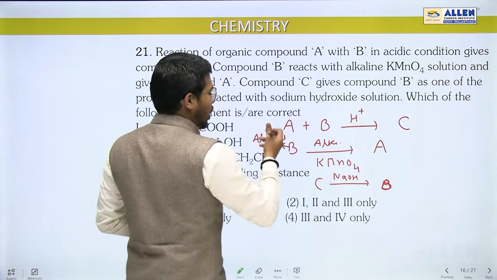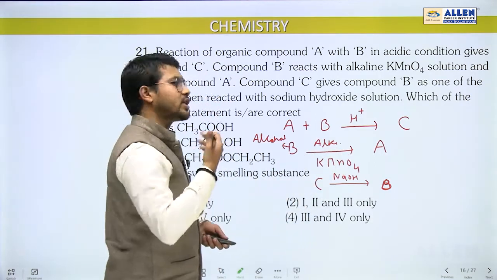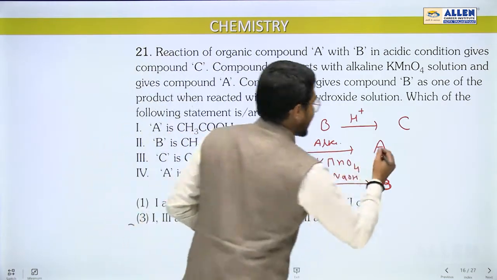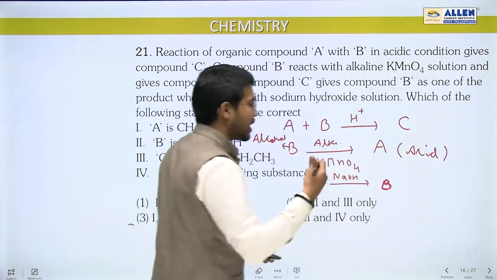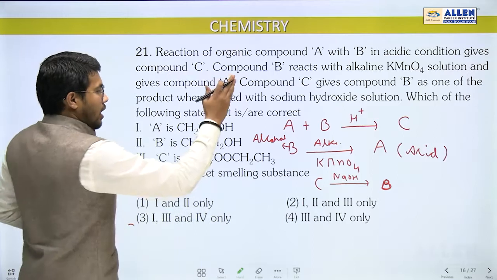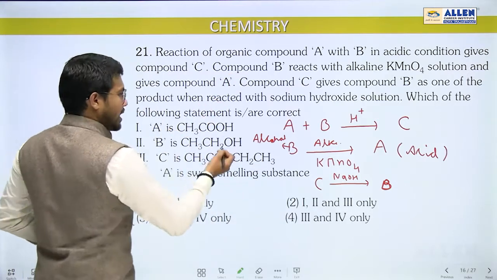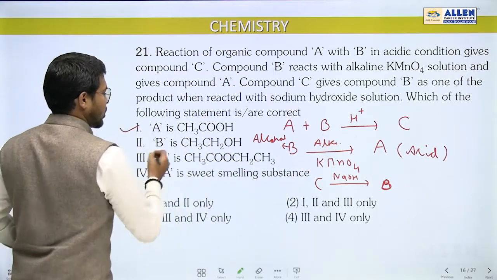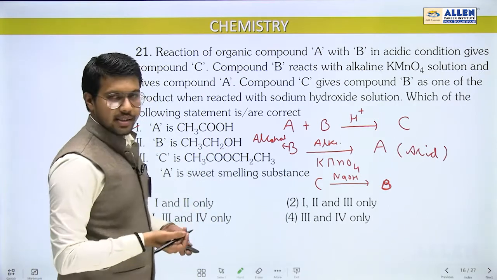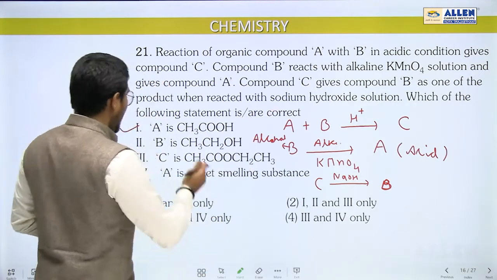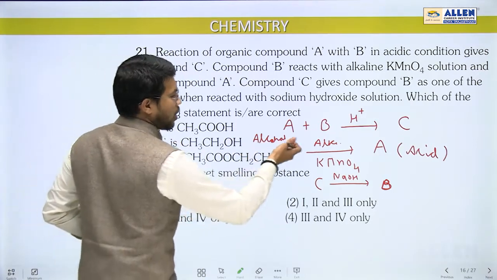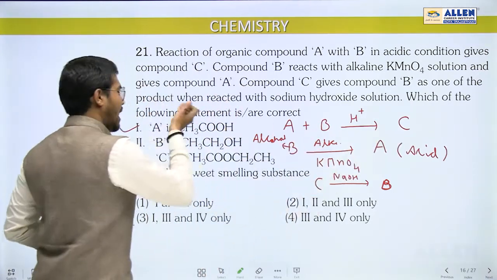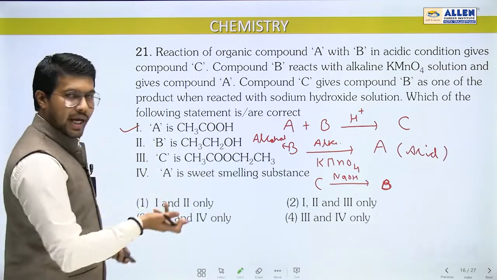So, if alcohol reacts with alkaline KMnO4, oxidation will take place and obviously an acid will get formed, that is carboxylic acid. So, yes, we can say that A is acetic acid, CH3COOH. B is obviously ethanol; ethanol when oxidized with KMnO4 will form acetic acid, or ethanoic acid.